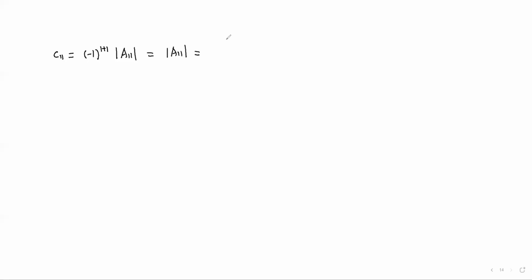So it is -1, 1, 4, -2. The 2 by 2 determinant is -1 times -2 minus 4 times 1. So this is 2 minus 4, -2. So C11 is -2.